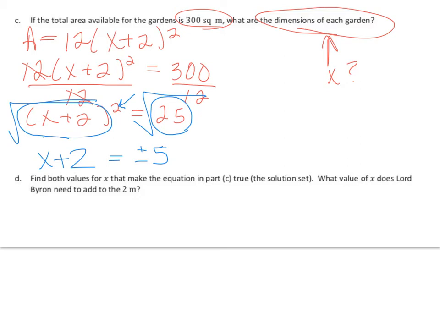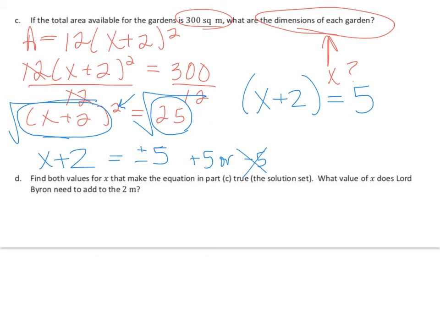So the side length for the garden is 5 because we're going to ignore the negative 5. So we've got positive 5 or negative 5. We're ignoring that one. So one side length, which we said is this, is equal to 5, right? So that's the dimensions of each garden.